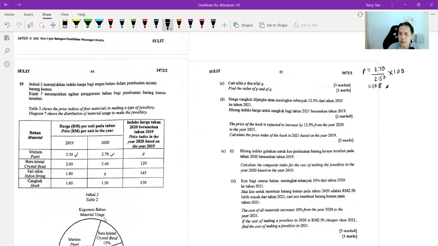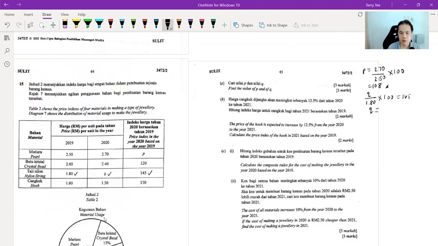Now for Q, this is still part A. For Q, we are looking at the price for the nylon string in the year 2020, and the price index is 145. The price in year 2019 is 180. So let's take Q divide 180 times 100. Let it be 145.